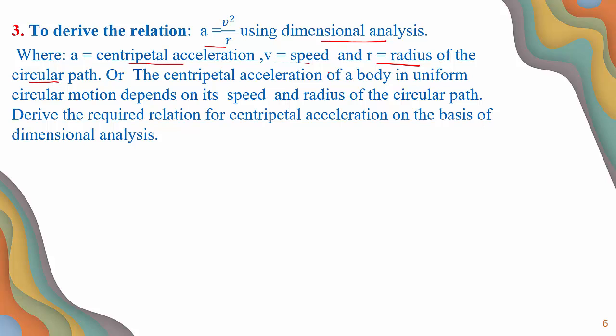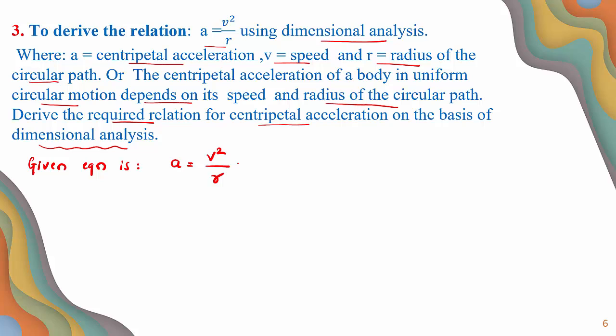The centripetal acceleration of a body in a uniform circular motion depends on its speed and radius of circular path. Derive the required relation for centripetal acceleration on the basis of dimensional analysis. So what is the given equation here? The given equation is A equal to V square divided by R.